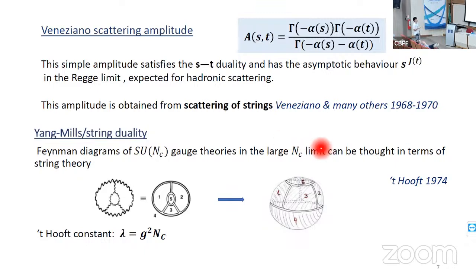You will find that the so-called planar diagrams are the ones that dominate, and he also realized that they are similar to the diagrams that you find in string theory. In this scenario, you have to work with an effective coupling, which is called the 't Hooft constant. This is just the Yang-Mills coupling g squared times the number of colors, which is kept fixed while you take the limit N_c going to infinity.